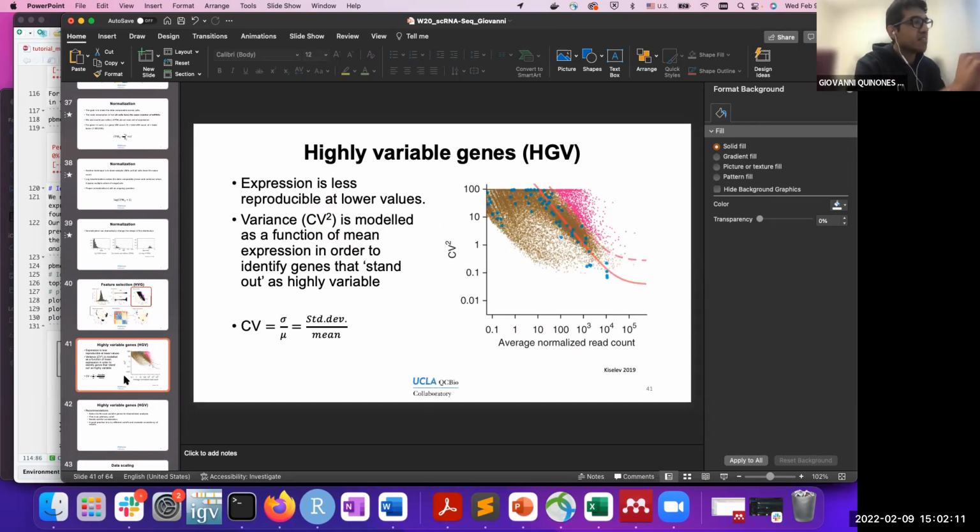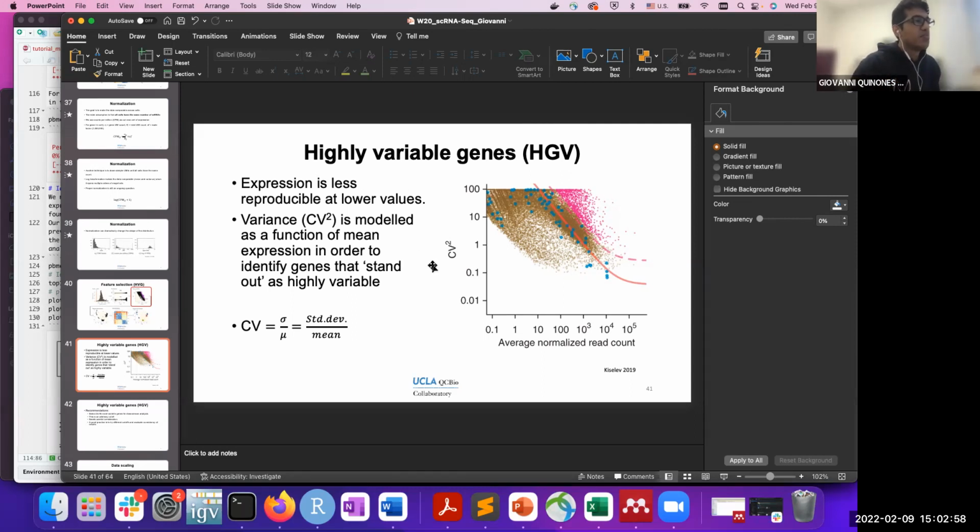So you can imagine that the signal for these genes is going to be lowly variable, meaning it's going to be similar across different cells. However, we want to focus our attention on the genes that are changing across different cells. By doing so, we're also making the signal stronger, because when you're analyzing the entire set of genes, the difference from cell to cell may be hindered by all these housekeeping genes that have similar values. If you only focus on the highly variable genes, then you can truly appreciate what's different between the two of them.